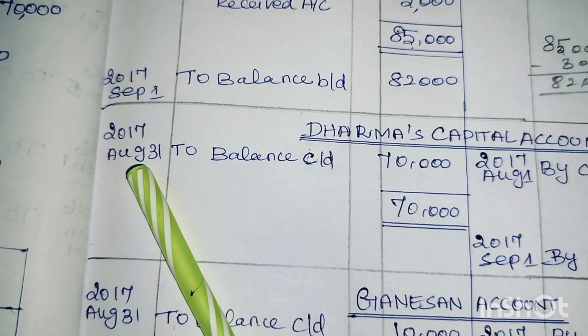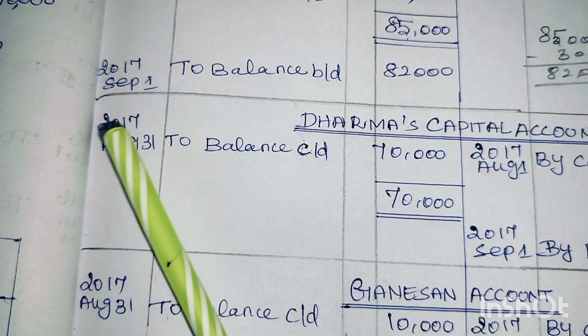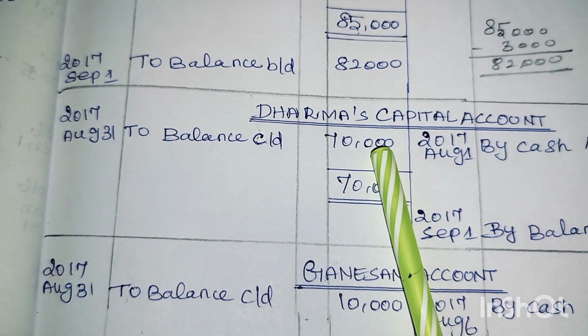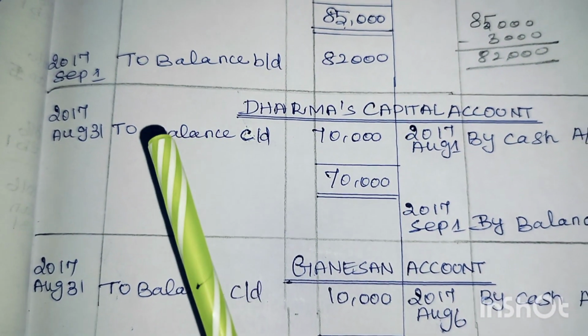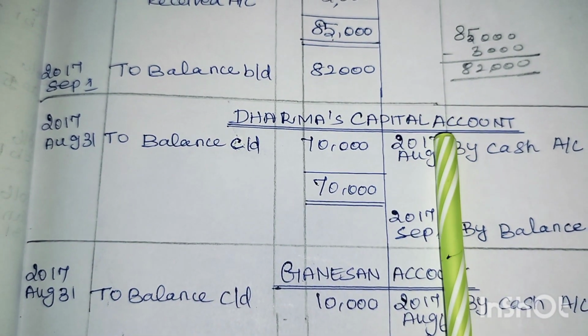We write the last day of the accounting period, 2017 August 31, to balance carry down 70,000 rupees, which means this is the closing balance of Dharma's capital account.